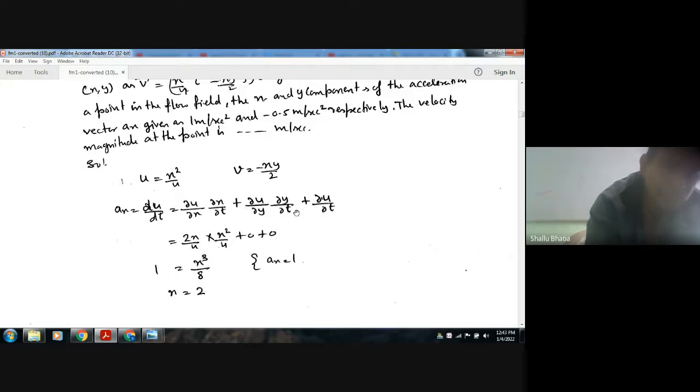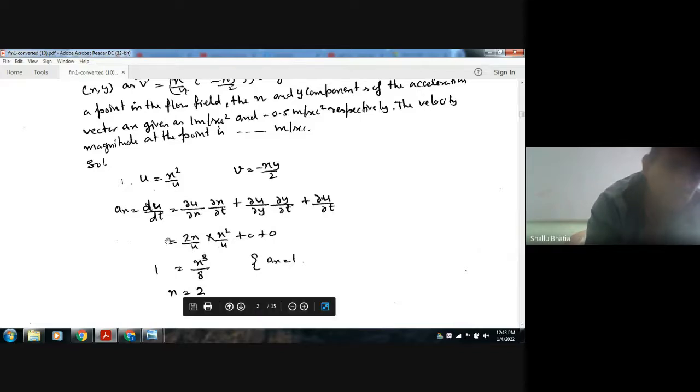And u is not a function of t, so it is 0. And curly u is also not a function of y, so it is also 0. So we are left with this first part only. So curly u by curly x is 2x by 4, and u is x square by 4.